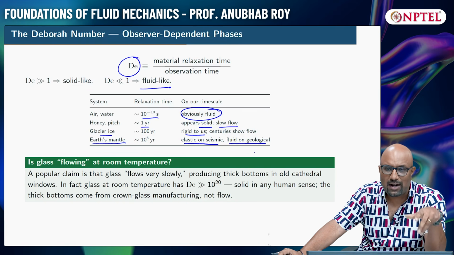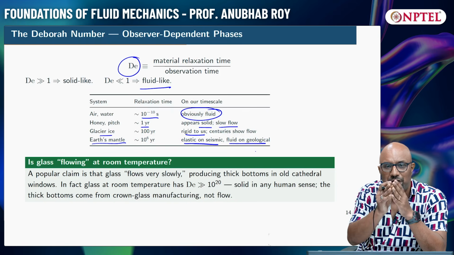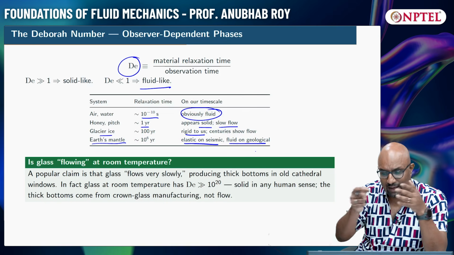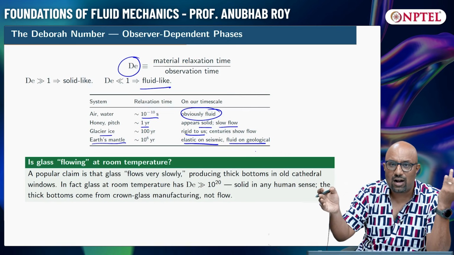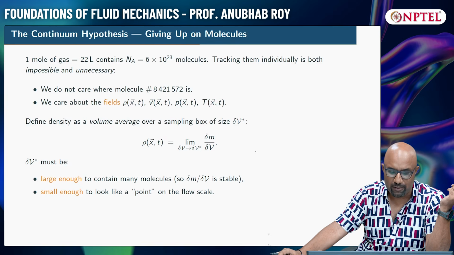We aren't going to come back to this number, but it's important to be aware of how we interpret it, because the world is a fuzzy spectrum between solid and liquid. Most materials lie on that spectrum. They are not exclusively solid or exclusively fluid.